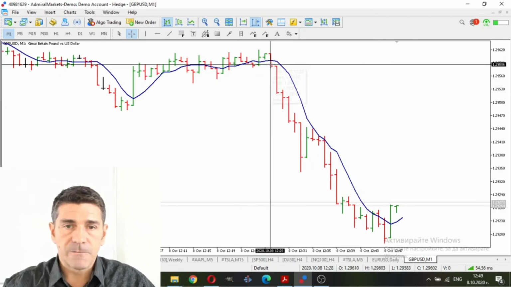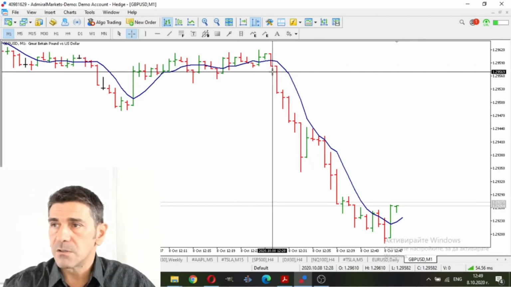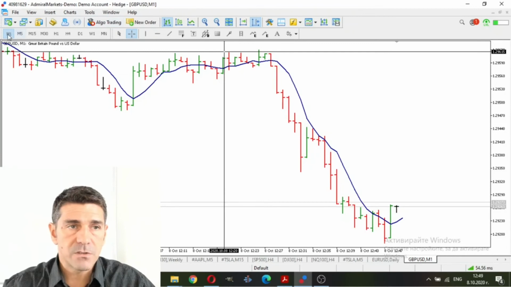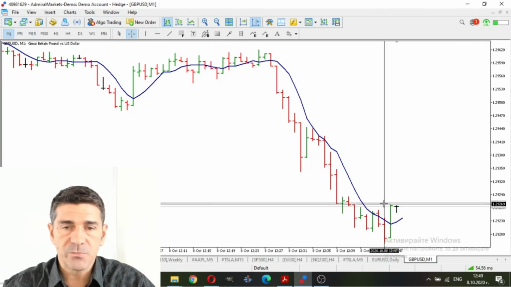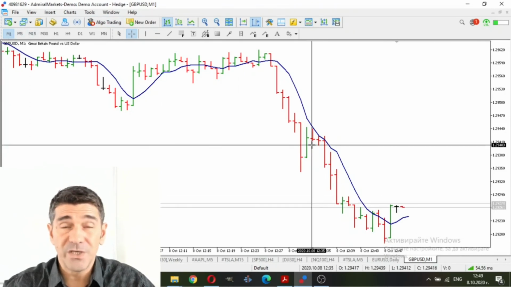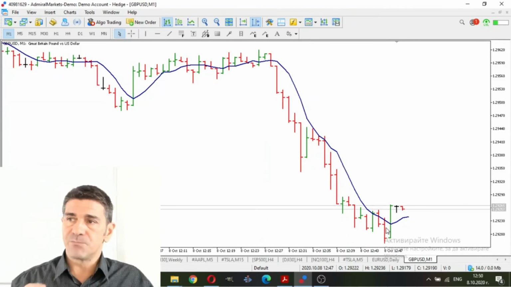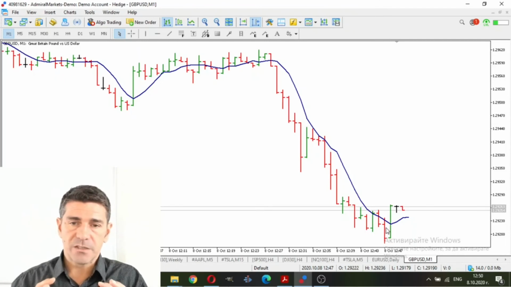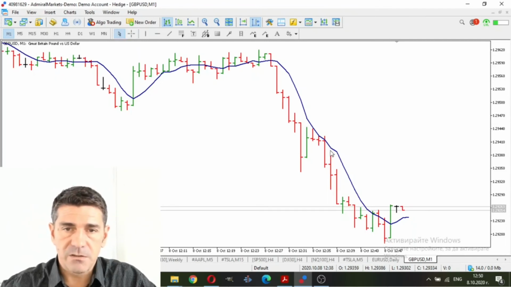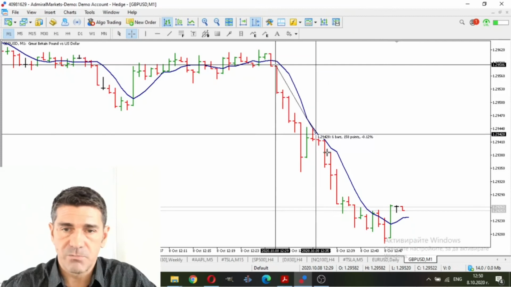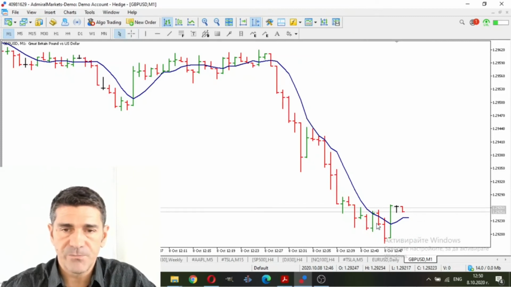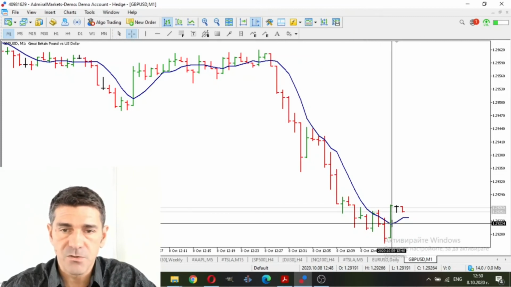Let's take a look here, I deliberately have chosen this short period of time. This is just a 1 minute chart. When the trading session is active, we can see that even on these 1 minute price charts, these tools can be used.